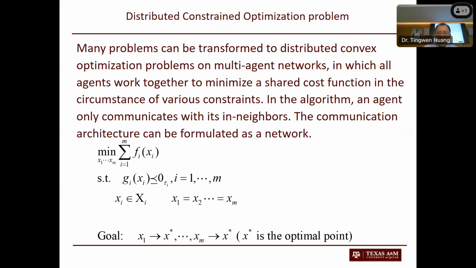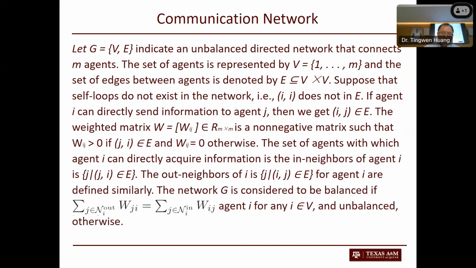In the algorithm, an agent only communicates with its neighbors. The communication architecture can be formulated as a network. We let G = (V, E) indicate an unbalanced directed network that connects M agents.